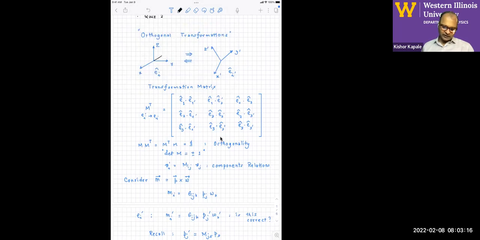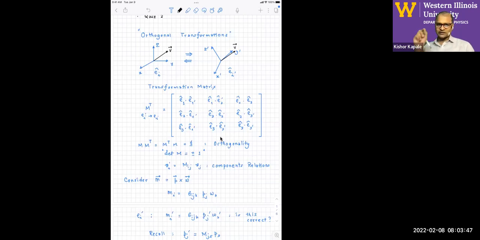So let's say I have a vector here, vector v. The same vector v is going to look exactly the same even if I end up choosing a slightly different coordinate system to express its components.